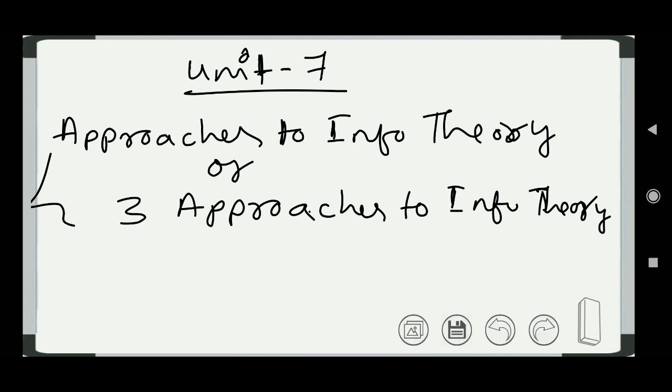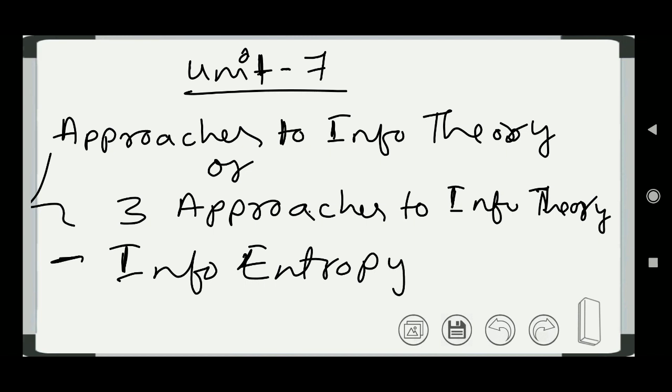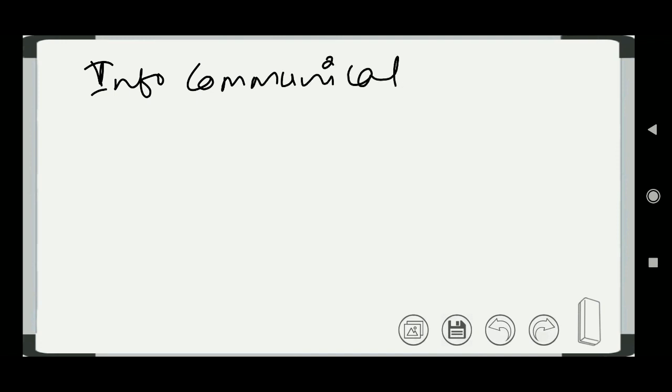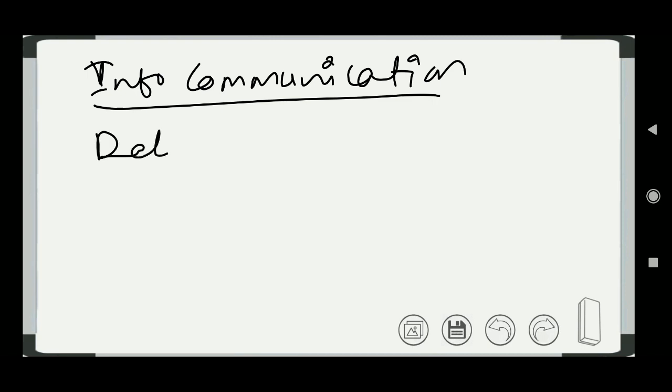So next, under this unit, information entropy, important for 5 marks, information entropy for 5 marks. So next, under information communication, under this concept, reliable communication is an important one.